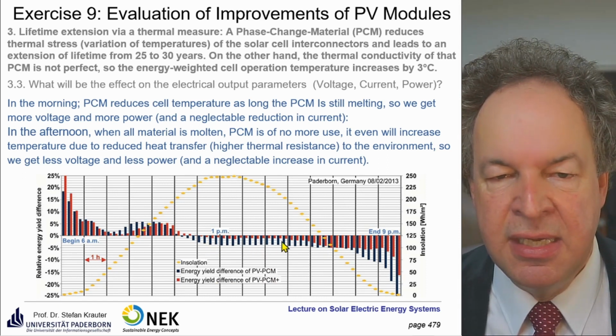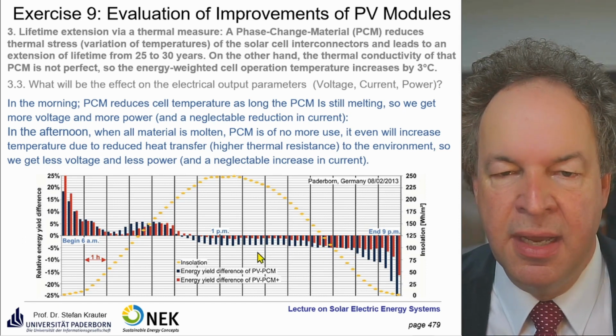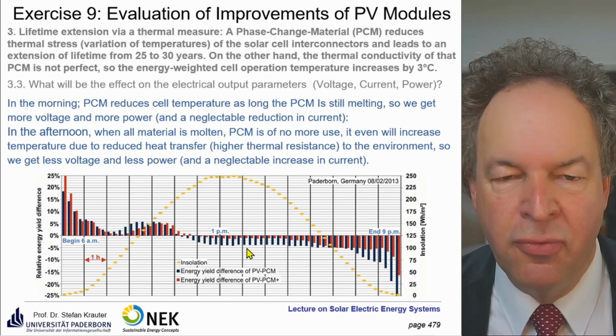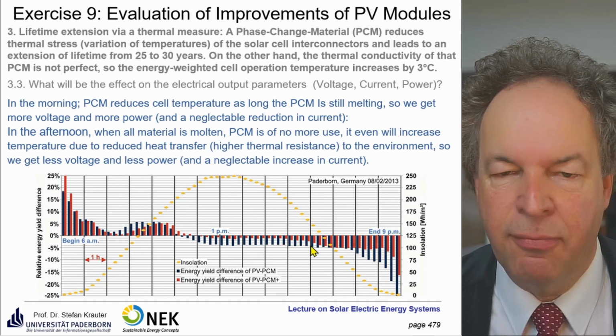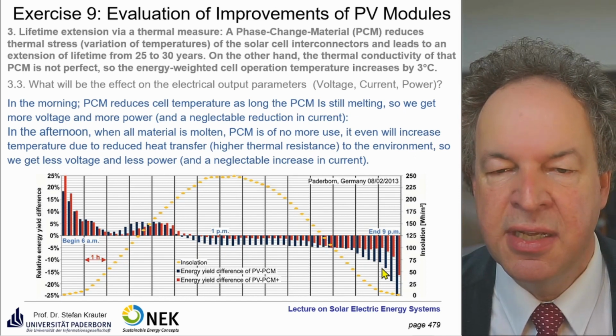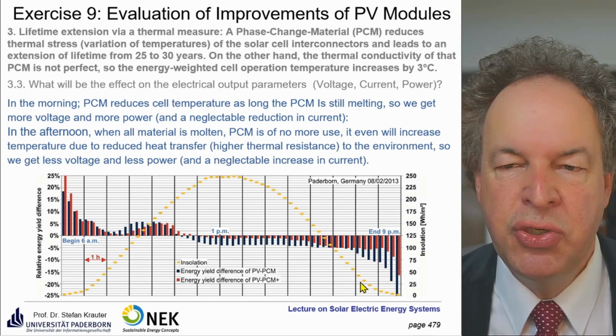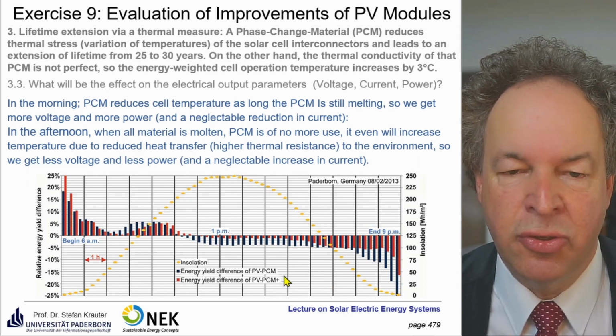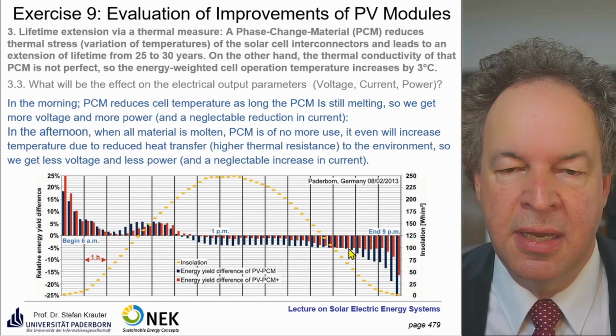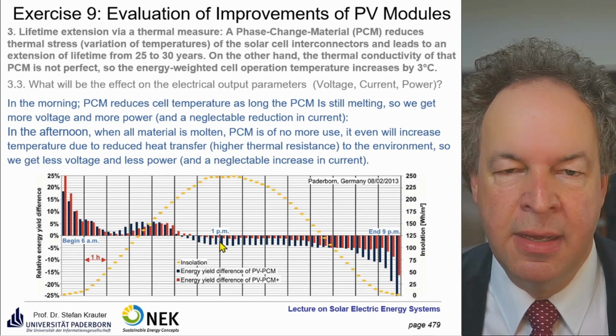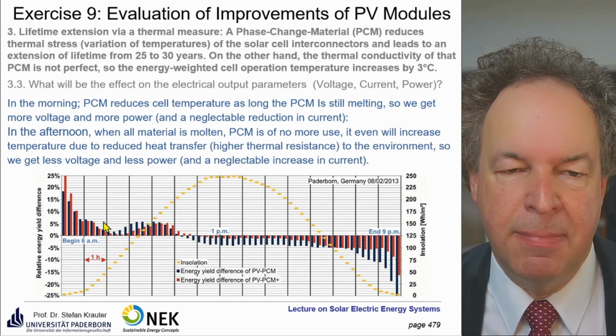And here we see losses in the afternoon. It's not very big, about 5%, and in the evening it gets bigger because it's heating up, and then the reduced thermal conductivity is getting more important. So therefore you can explain that.